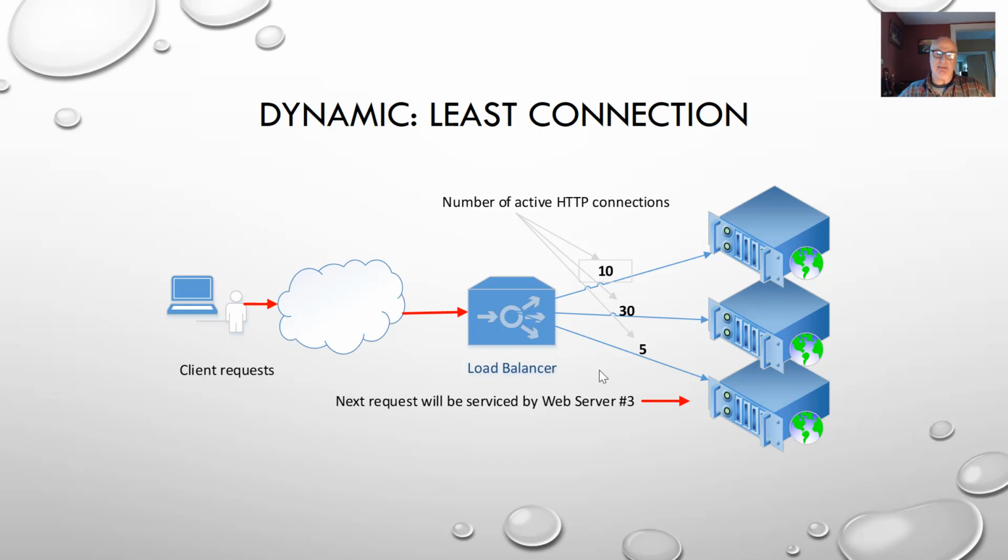Dynamic least connections. All right, so here we've got the number of active HTTP connections. What this gets at is the idea that our incoming connections are not just one shots and done. You may have ongoing connections between the client and the web server that they're interacting with.